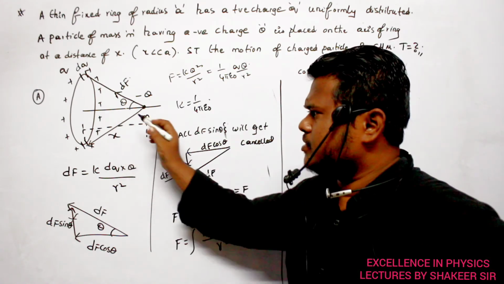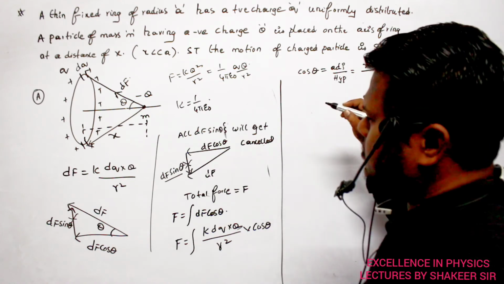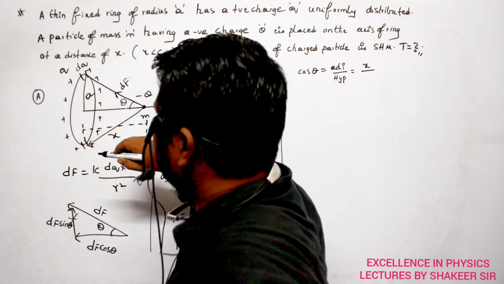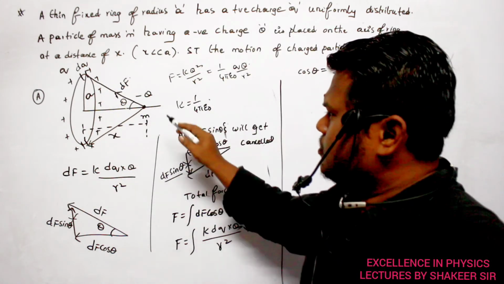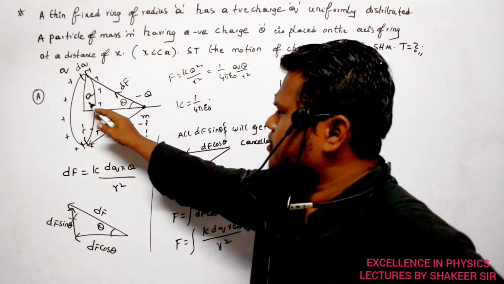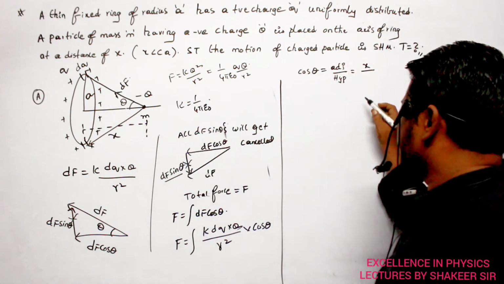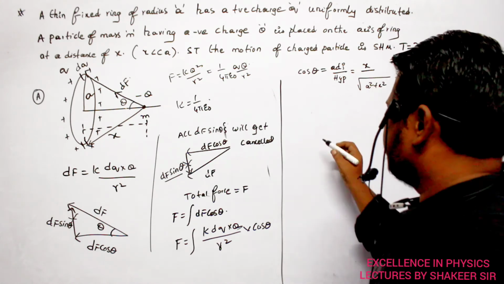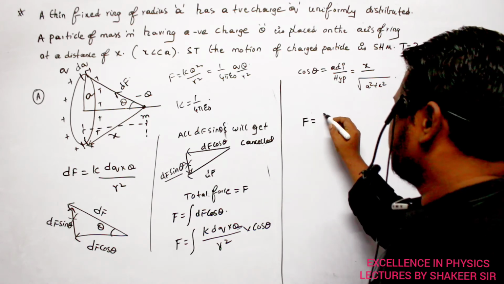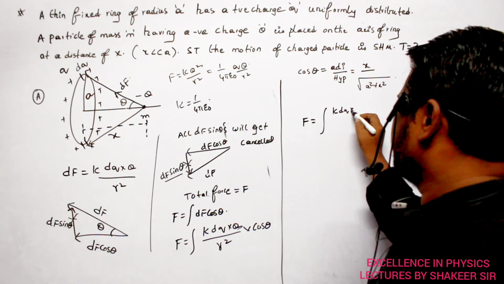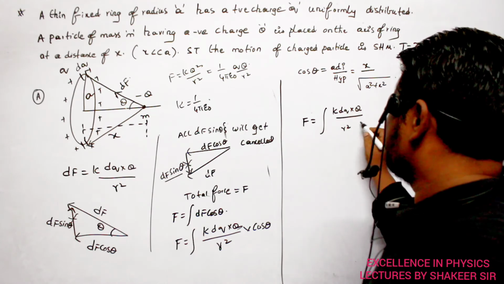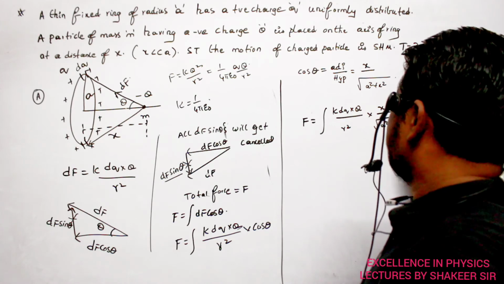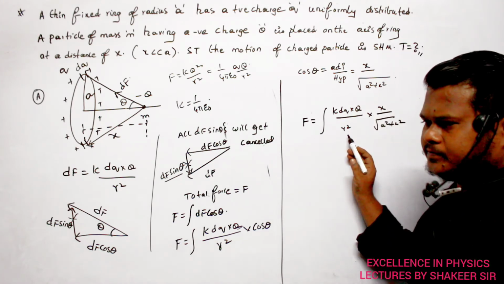Hypotenuse: the radius of this ring is given as a, so the hypotenuse will become square root of a square plus x square. So substitute here. Therefore F is equal to integration of k dq into q divided by r square multiplied by x divided by square root of a square plus x square. Now what is this r? R is again the same.